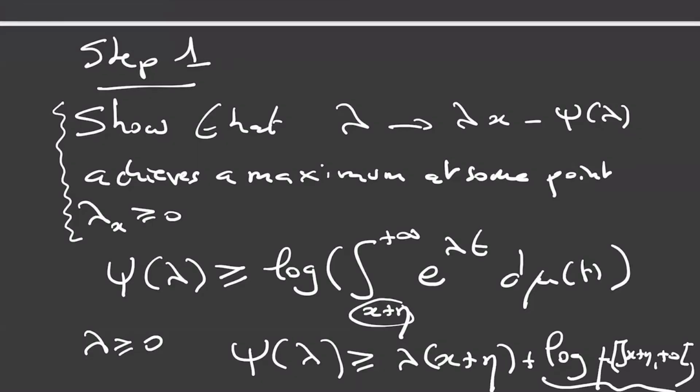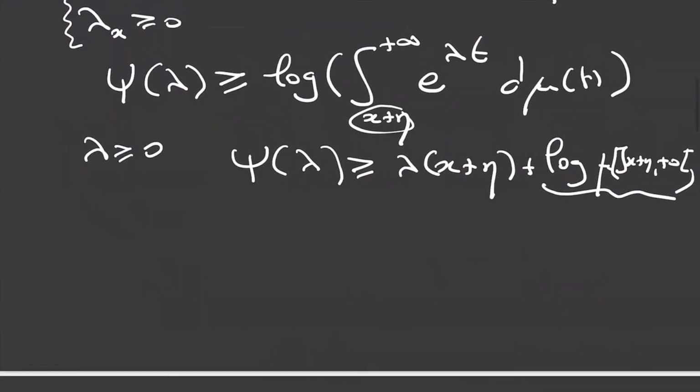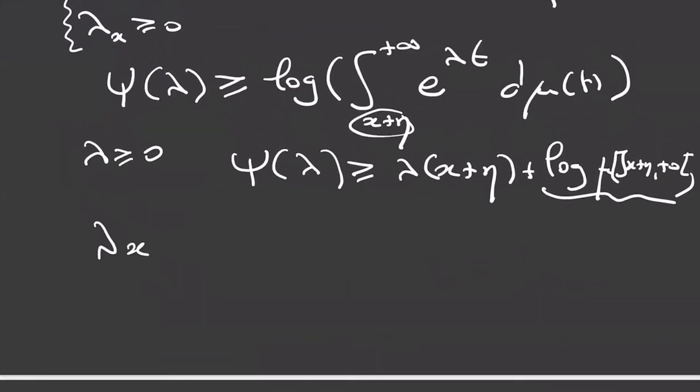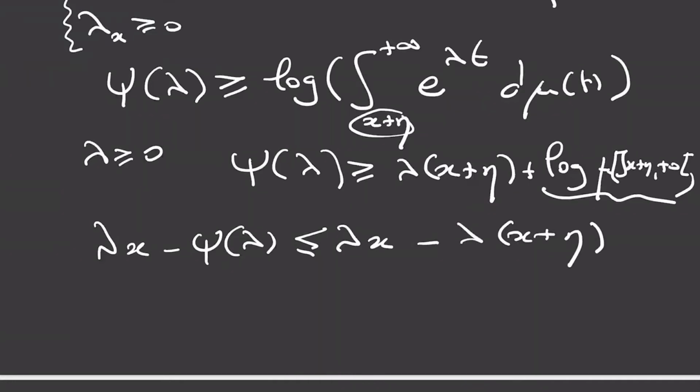So when you go now to the function of interest, that is lambda x minus psi of lambda, it is less this time than lambda x minus lambda times x plus eta, minus the log of the measure of the interval x plus eta to plus infinity.